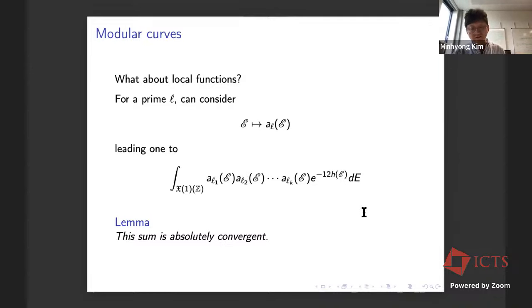The previous thing was convergent because the exponential term made it convergent. But it seems interesting to consider products of this. Correlations between the a_ℓ have very much been considered by number theorists in various contexts, but what I'm proposing is that weighting of this, or the exponential weighting, is an interesting thing to do that's suggested by physics.